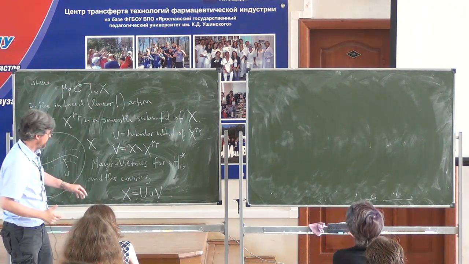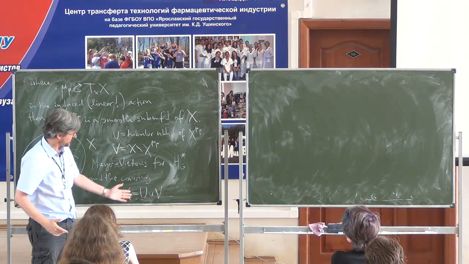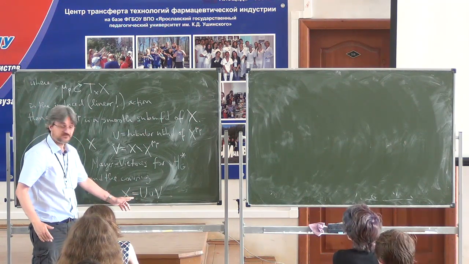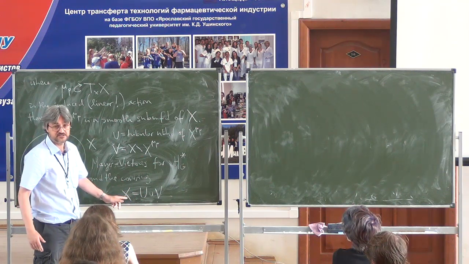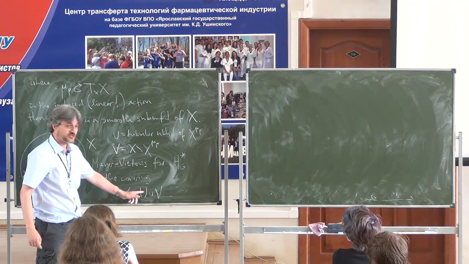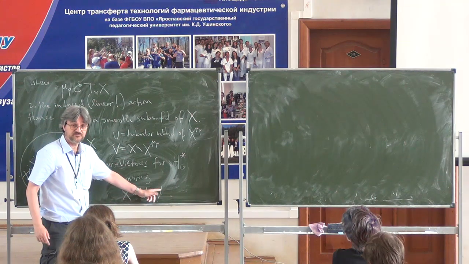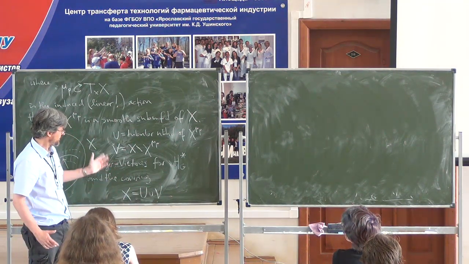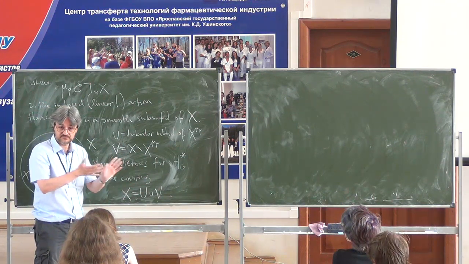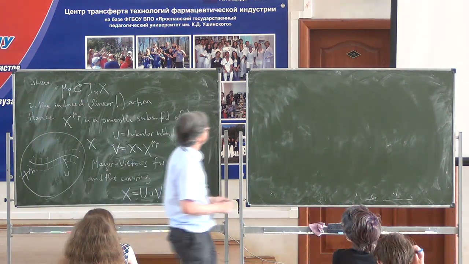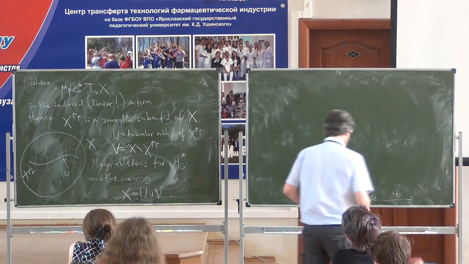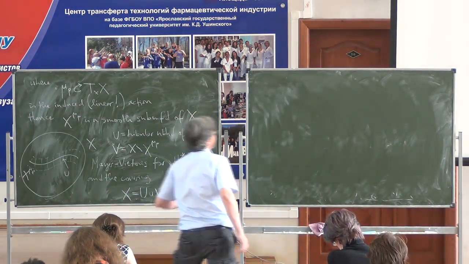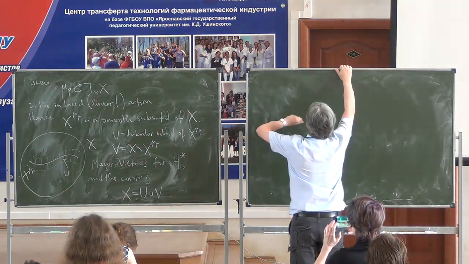Okay. This means that you can apply the Borel construction on both sides of this equality, and you get that the Borel construction of X is equal to the union of the Borel construction of U and the Borel construction of V, right? And now you apply the usual Mayer-Vietoris sequence to that union, and so in particular, what you have is the following.